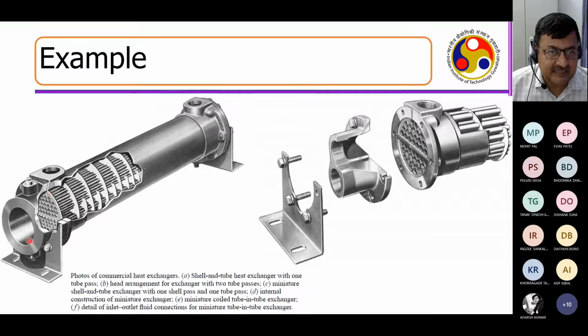This particular disc is separating this end and this end, so you are forcing the fluid to come through. Say the hot fluid is going from here; it is forced through these channels and taken out from there. Or you may have a separator here: from the top you will force it in, and from the bottom it will come out. Whereas the cold fluid will go from here, flood all these tubes and come out from there. These are some examples.